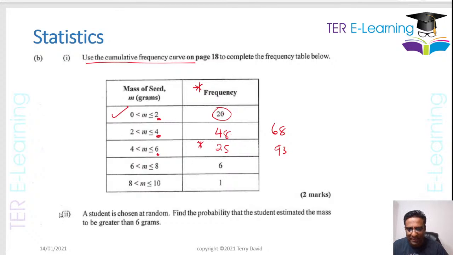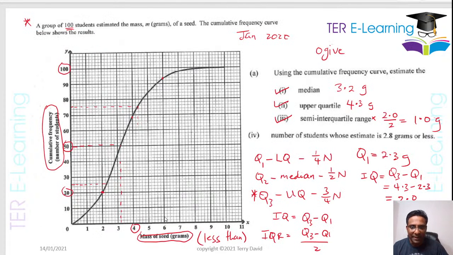The next part of the question: a student is chosen at random. Find the probability that the estimated mass is greater than 6 grams. So here's what you need to do for this question. You need to go to your graph and figure out where 6 grams is located.